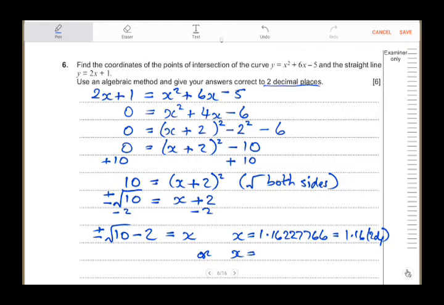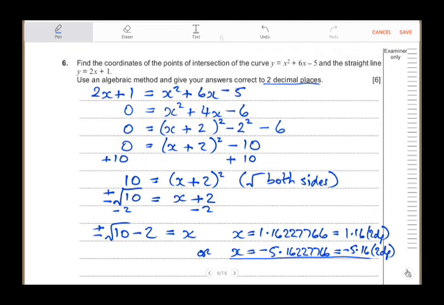So minus root 10 minus 2, and this time I get minus 5.16227766, which is minus 5.16 to 2 dp. Okay, I've found my two x coordinates of the points of intersection.